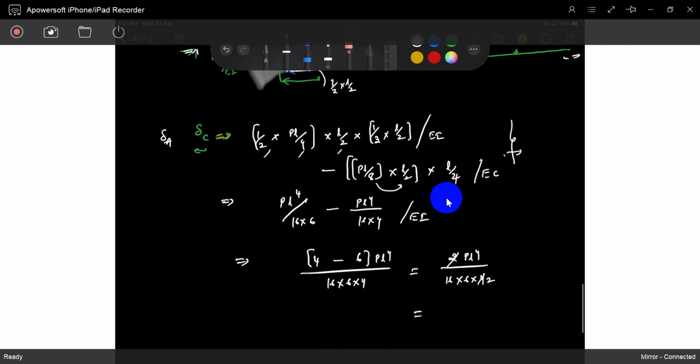So what is that value? PL power 4, 96. What is that? 96 into 2. What is that value? 96, 112, not 9. So it's wrong. We're getting it wrong. I think it will go wrong.